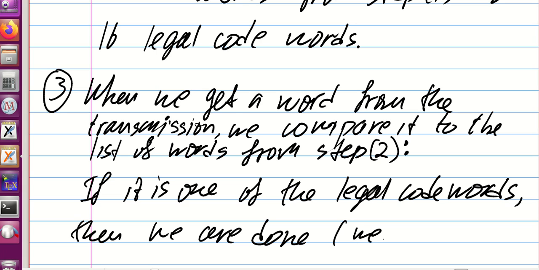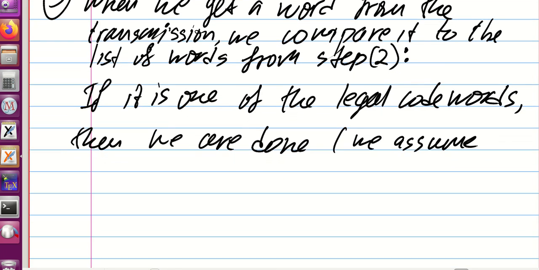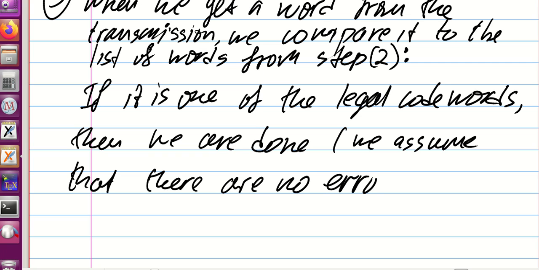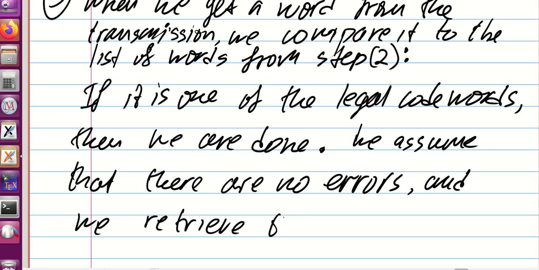We assume that there are no errors, and we retrieve the message word.